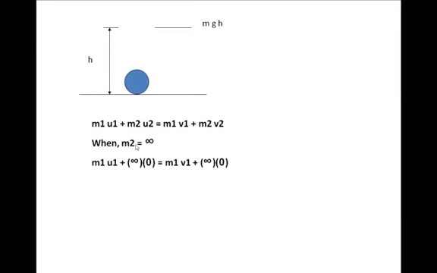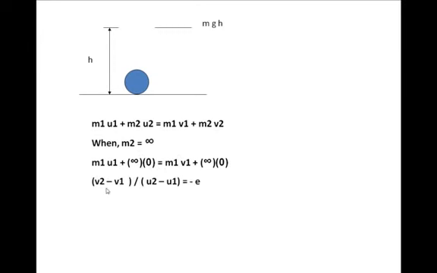You see, m2 is infinity, u2, the initial velocity of the ground, is 0. Again m2 is infinity and the final velocity of the ground is also going to be 0, because you are throwing an object on the ground, it's not going to move the ground. So initial and final velocity of the ground are 0. Now this equation becomes mathematically invalid with infinity into 0 equal to infinity into 0, etc. That's why we can't use this equation.